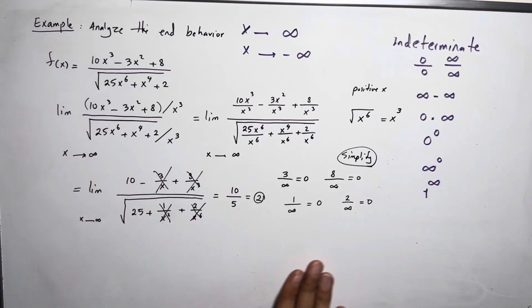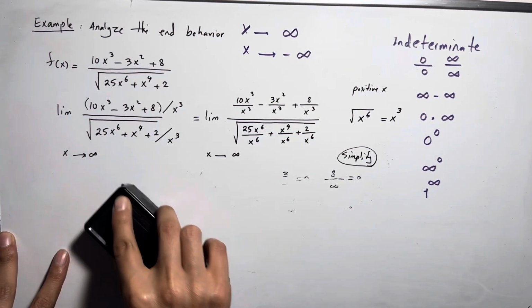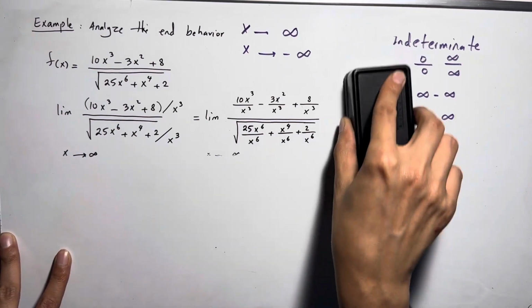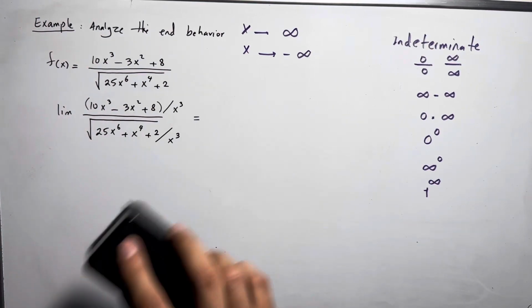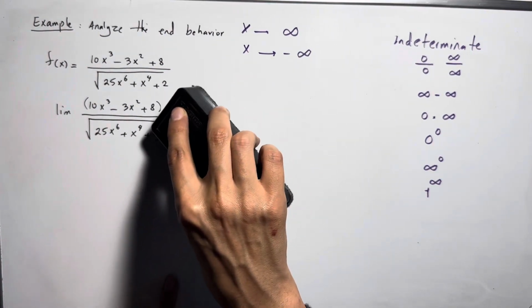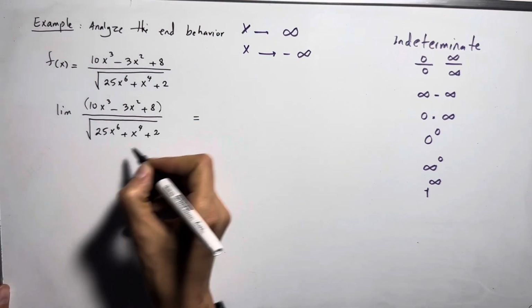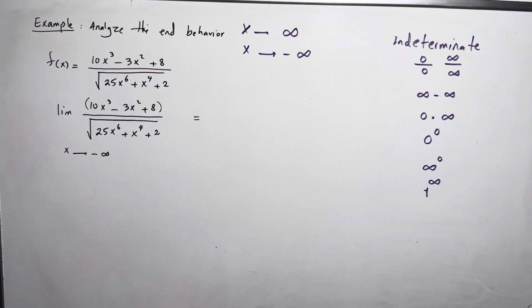I'm going to erase the board so I have enough space to write it down for you. So now we are finding the limit as x goes to negative infinity.